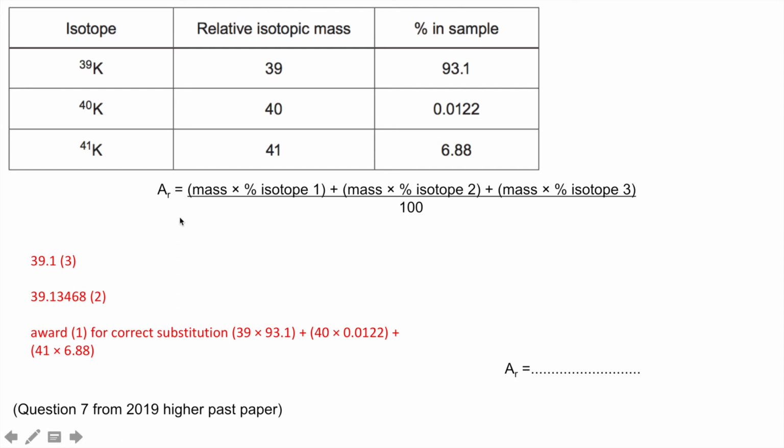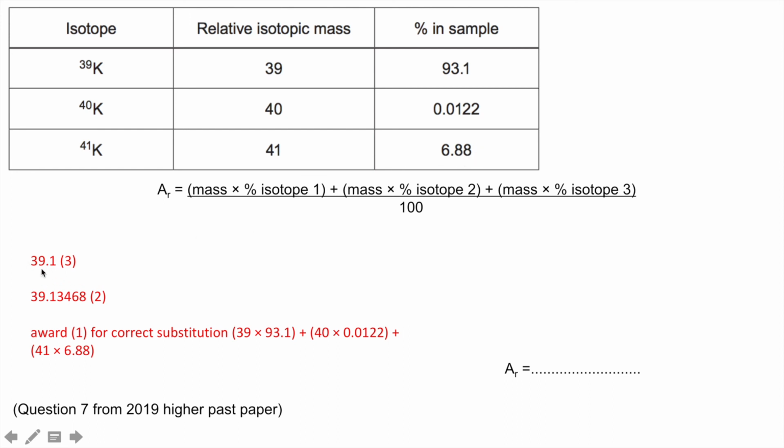Now, to calculate the relative atomic mass of potassium, use the equation of mass times the percentage of isotope 1 plus the mass times the percentage of isotope 2, and so on and so forth. Obviously, that would be 39 times 93.1, 40 times 0.012, sorry, and 41 times 6.88, all divided by 100.